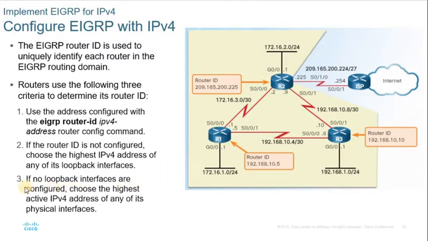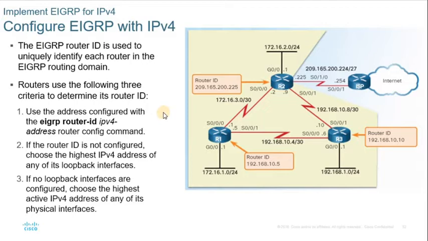Last consideration, number 3: if no loopback interfaces are configured, then the router will choose the highest active IPv4 address of any of its physical interfaces. So for example, look at R1. Let's assume that there's no manually configured router ID on this router, and there is also no loopback interface configured.